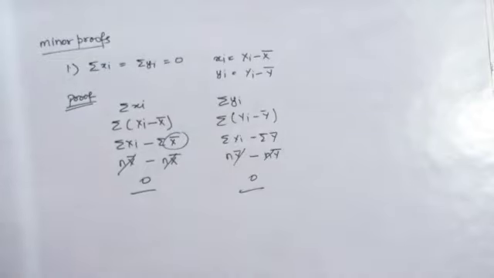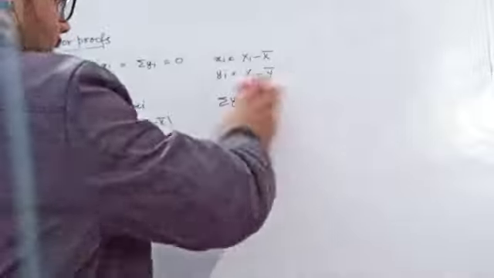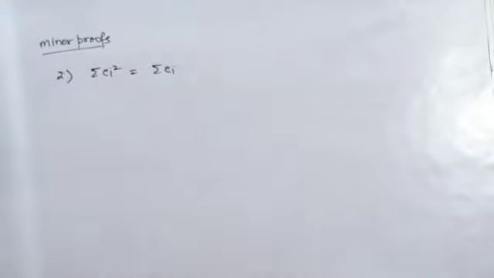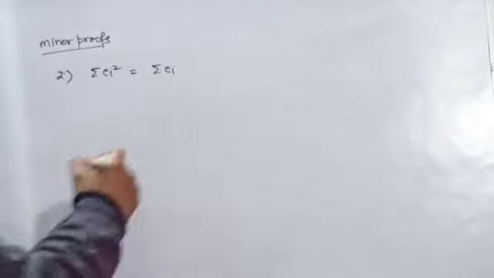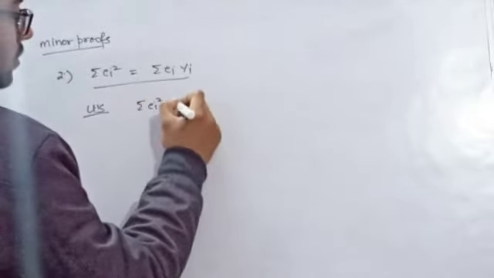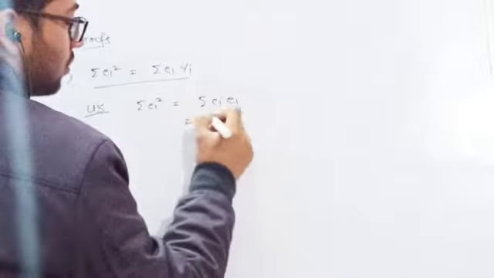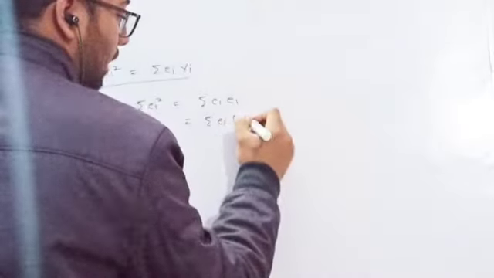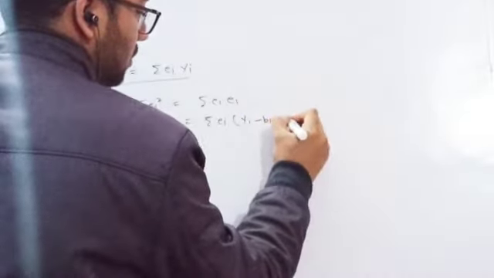Let's move on to the second minor proof, which is summation ei square is equal to summation ei yi. Take the left hand side, summation ei square, which is summation ei times ei, and in place of ei we write yi minus b1 minus b2 xi.